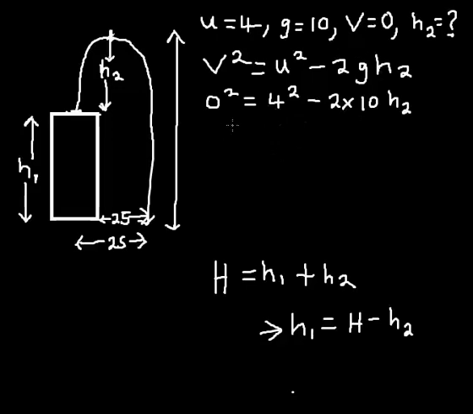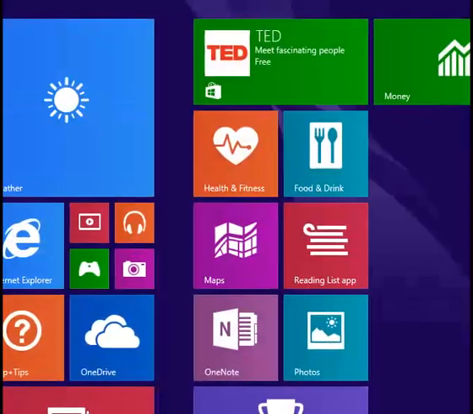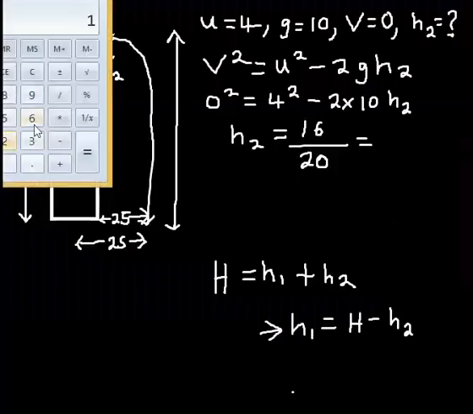If I rearrange this equation, H2 is going to be equal to 16 over 20. Let me get a calculator. 16 divided by 20 is 0.8.